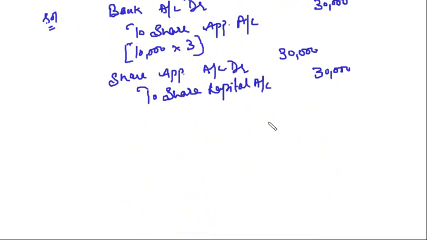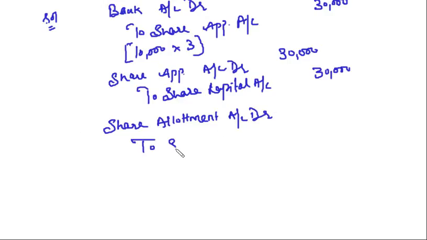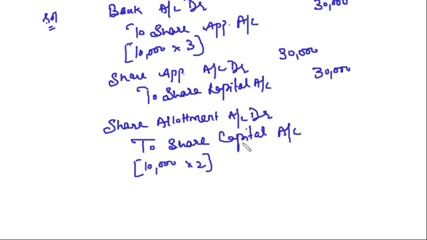Now at the time of allotment, you have called 2 rupees. So what is the journal entry? First, the amount will be due on allotment. For that, the journal entry is share allotment account debit to share capital account. How much? On 10,000 shares at the rate of rupees 2, 20,000 and 20,000.